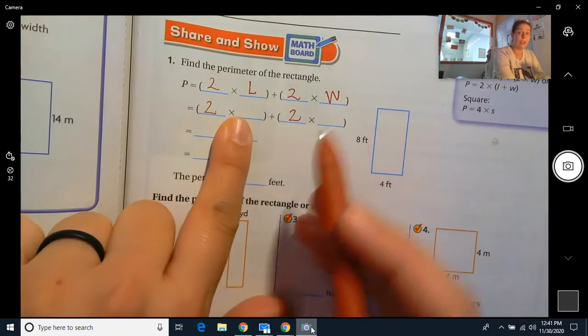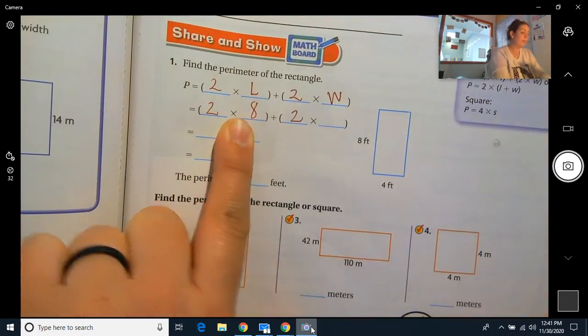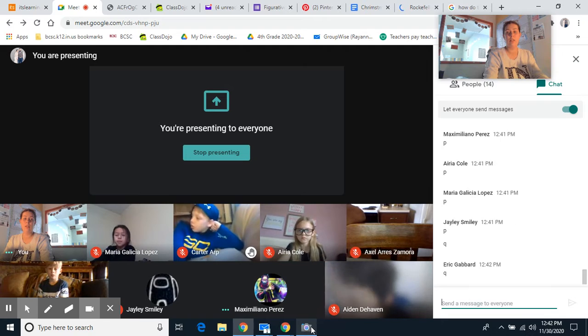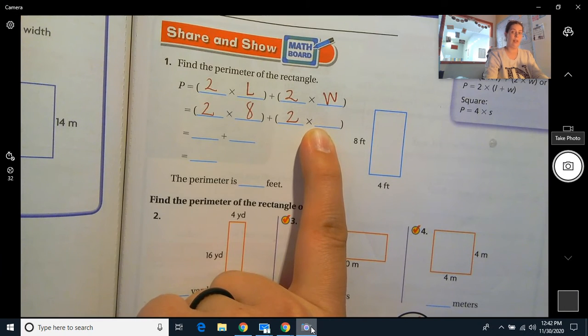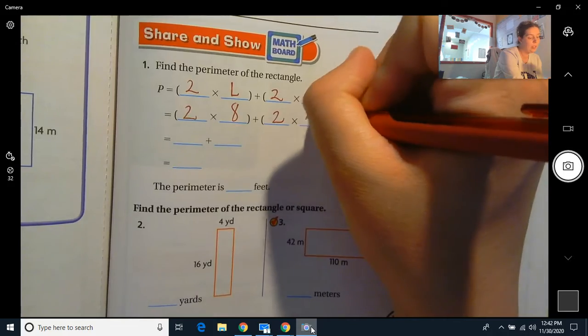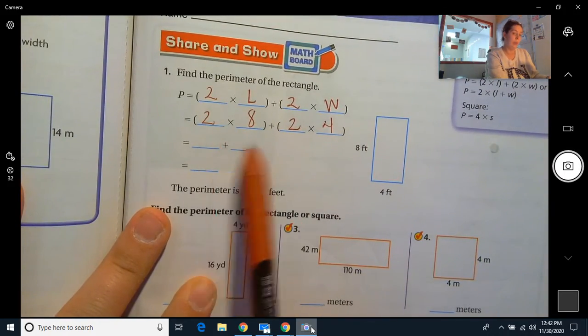So that's going to go right here to replace my L or my length. If you would like to comment what the width is, I need you to put a Q in the chat, please. Jonathan, what is my width? 4. Good job. Now, all I have to do is solve these two and put them in these blanks.